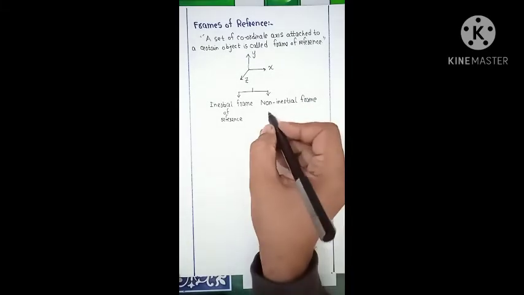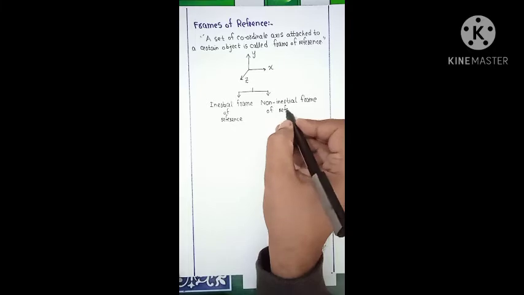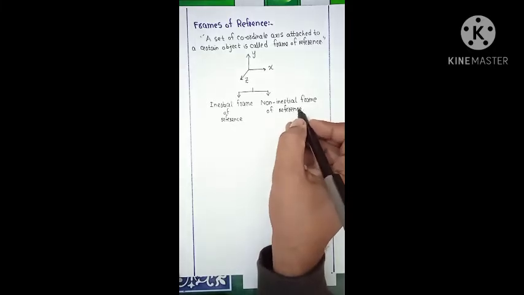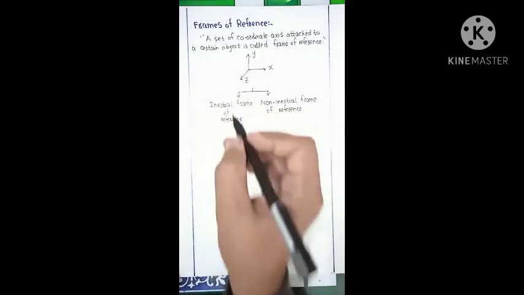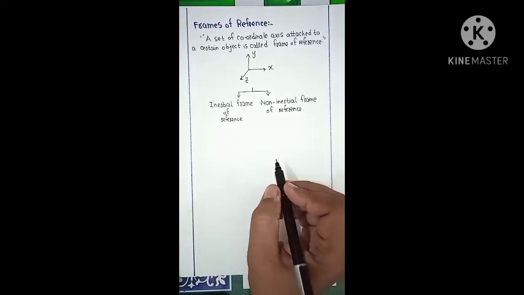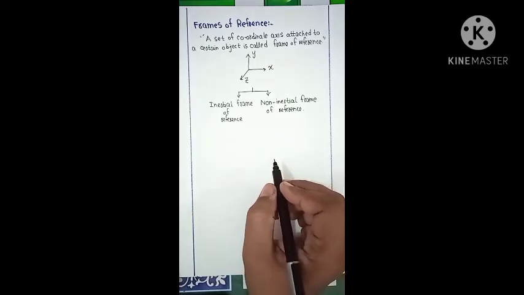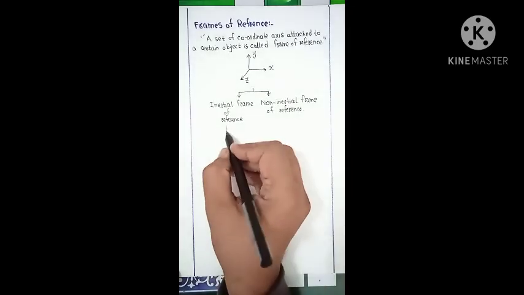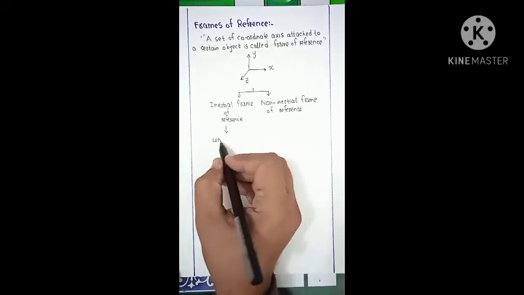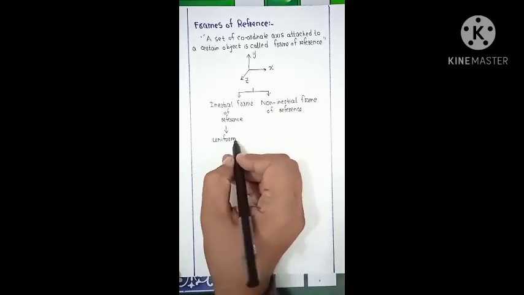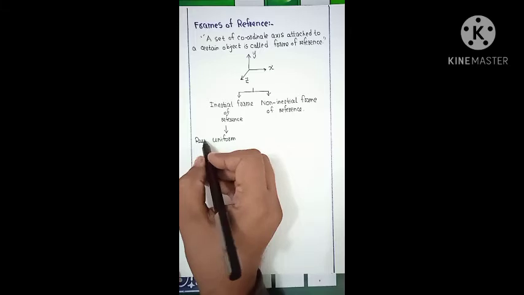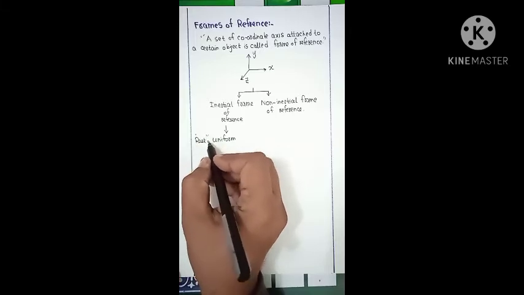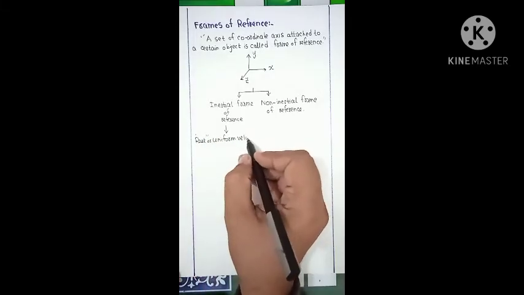I will give the definitions. An inertial frame of reference is a frame of reference in which a body is at rest or moving with uniform velocity.